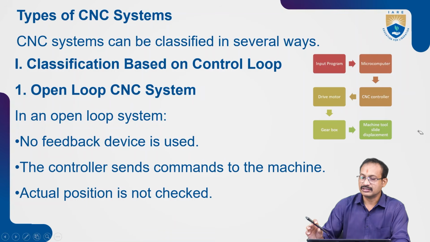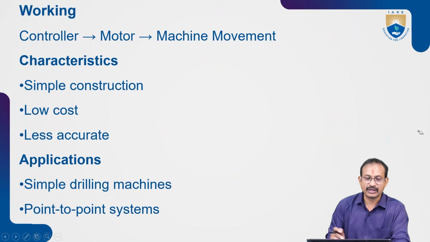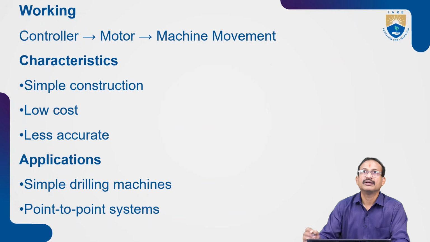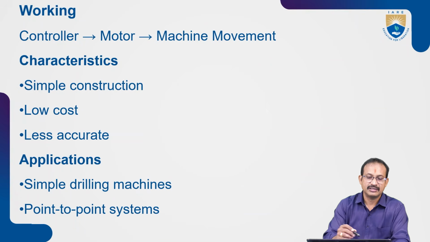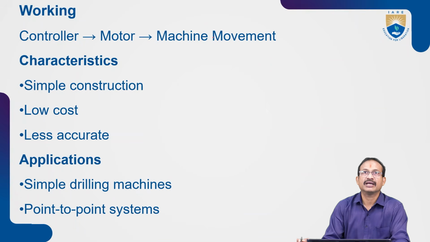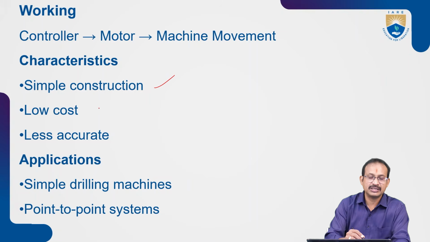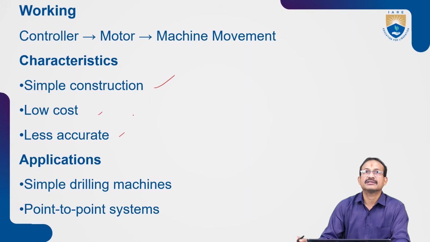The working flow is controller, motor, machine movement; the motor is nothing but the drive system. Characteristics: simple construction, low cost, less accurate. Applications: simple drilling machines and point-to-point systems.